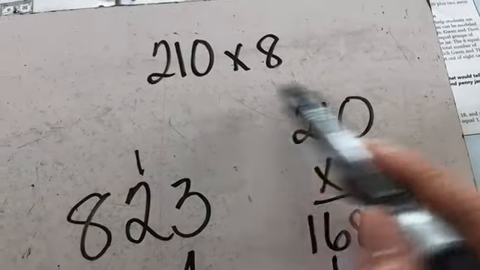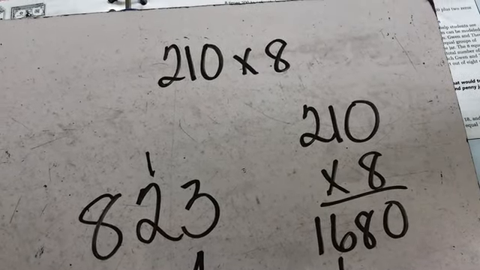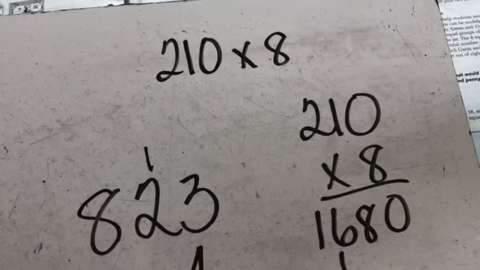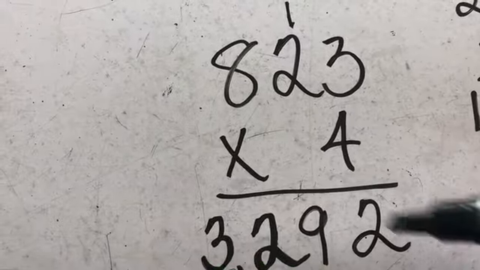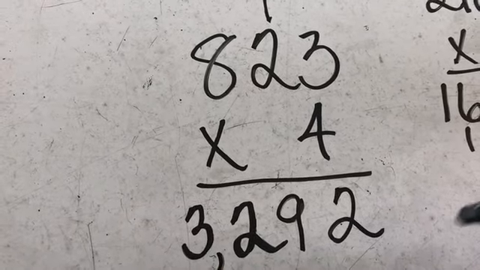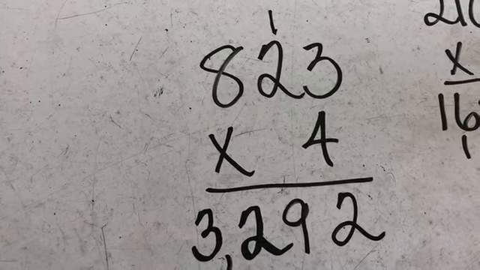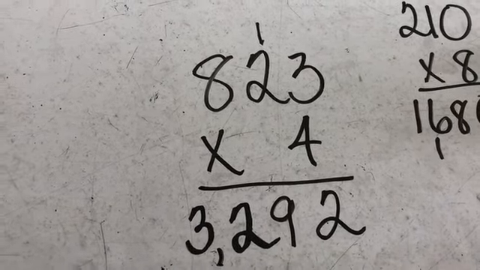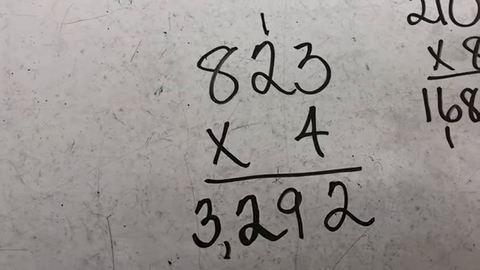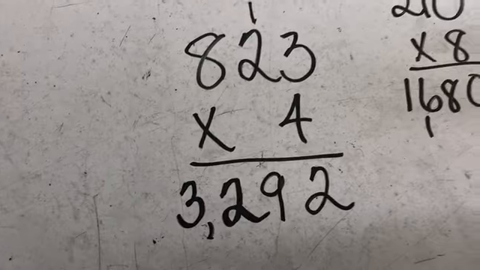When you do it horizontally, unfortunately, you're unable to, and you will probably make more mistakes, especially with a more complicated problem like 823 times 4. So I want to see those double-digit and 3-digit multiplication problems converted and done vertically. Don't try to work them out horizontally.